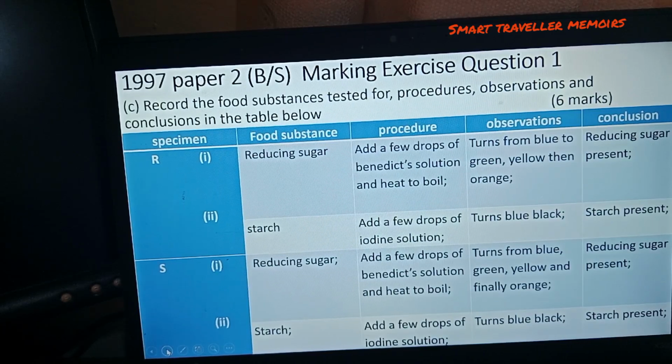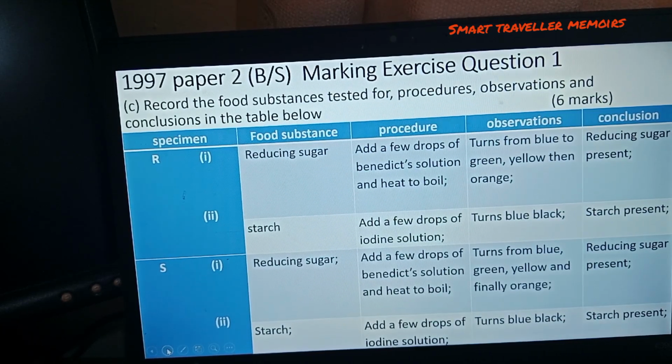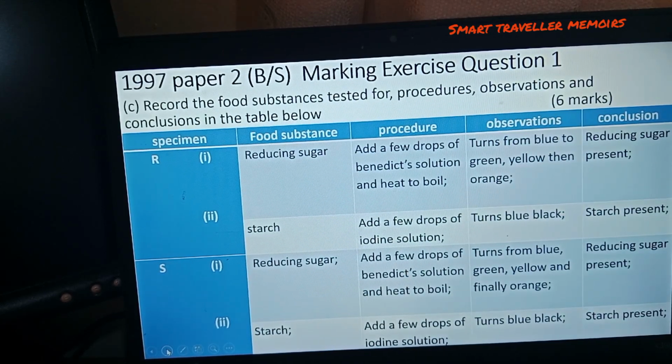You add a few drops of Benedict solution and heat it to boil as the procedure. It turns from blue to green, yellow, then orange, and therefore you conclude that reducing sugar is present. The second food substance tested was starch, where you add a few drops of iodine solution, turns blue-black, starch present.